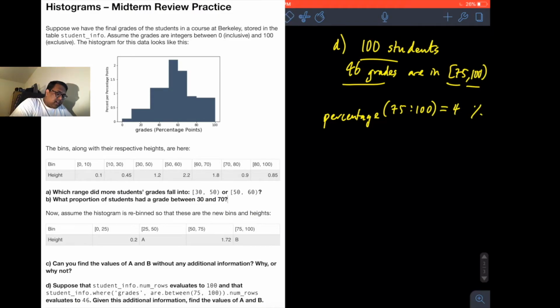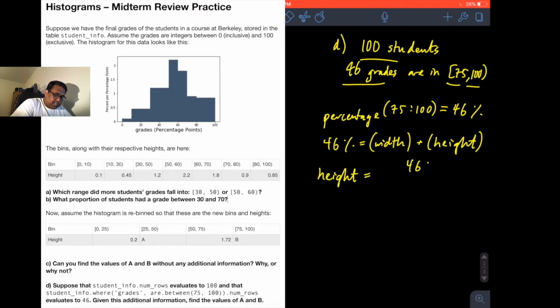So we know that the area of the last bar has to be exactly 46%. So 46% is equal to the width times the height of this last bar. Well, the height is what we're solving for, so we can rearrange for that. So we can see the height is 46% divided by the width of this last bar, which is 100 minus 75 percentage points. And so now we need to find 46 over 25, which is 1.84.